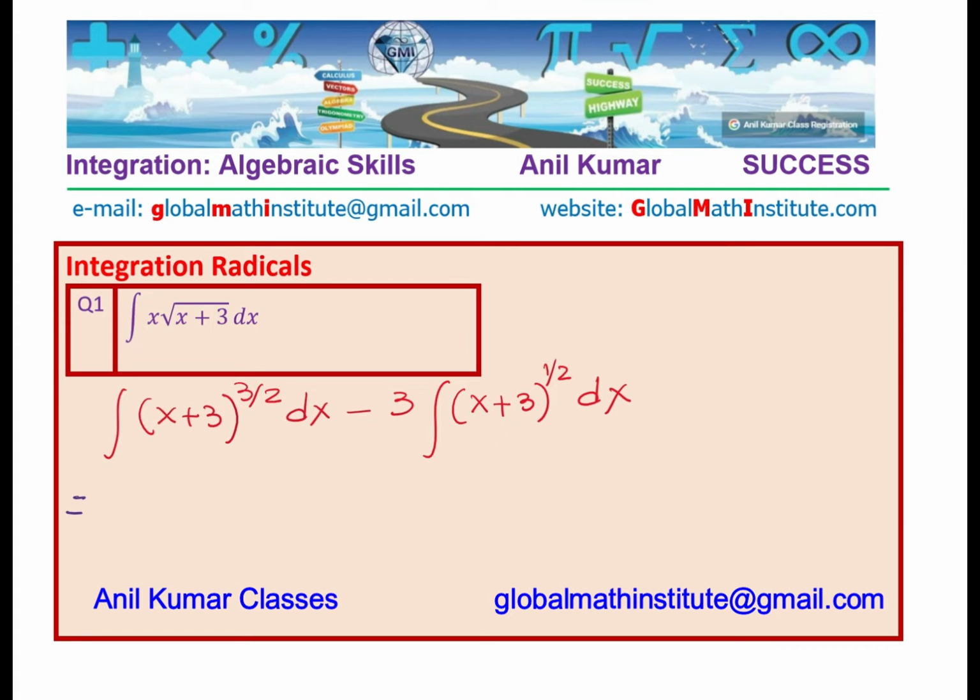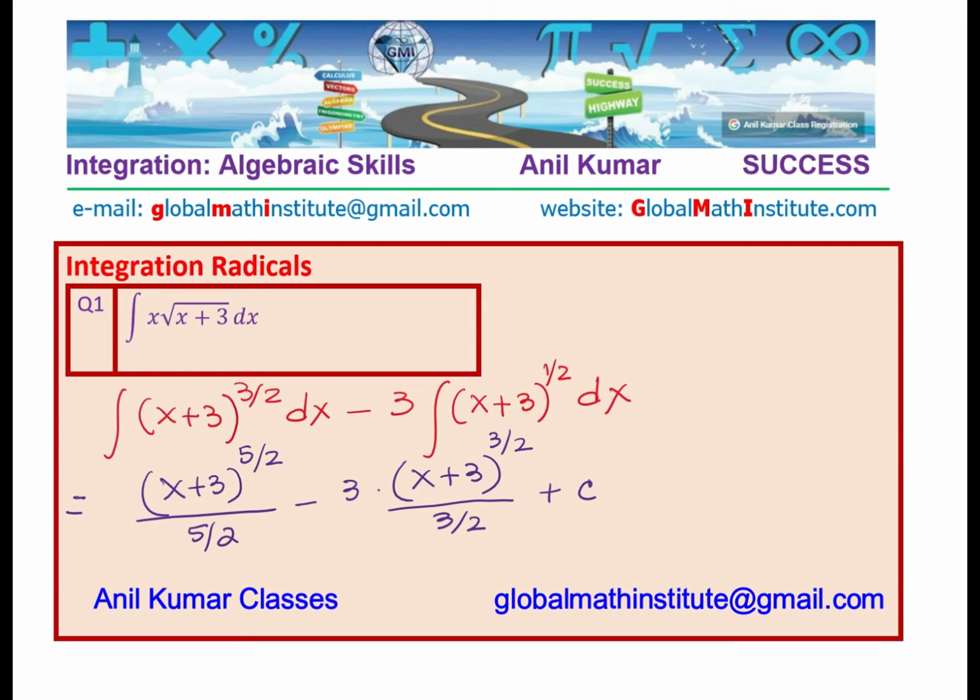So we get 3 by 2 plus 1, which is 5 by 2 in the numerator, divide by 5 by 2, minus 3 times x plus 3 to the power of 1 plus half, which is 3 by 2, divide by 3 by 2, plus c.